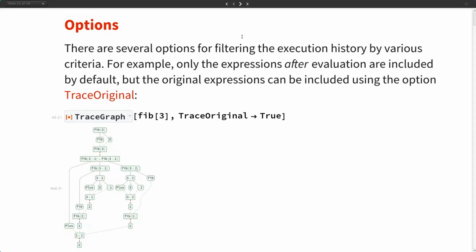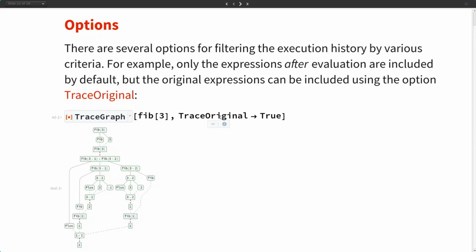So by default, one of the things that Trace does is it only shows expressions after they get evaluated. This cuts down on the output, but sometimes it makes it so I see that this evaluation gave this result, but what actually spawned that evaluation? One of the options that you can use is TraceOriginal.